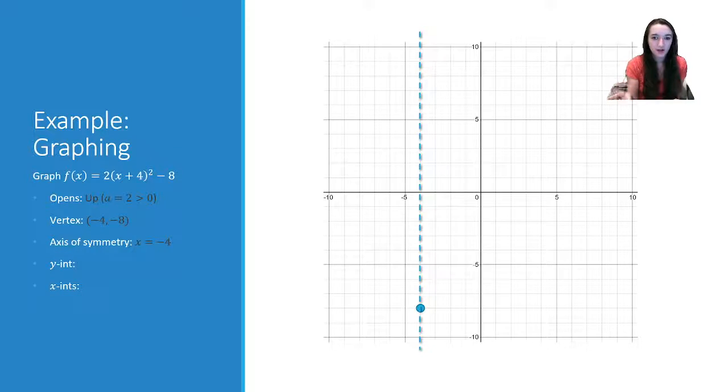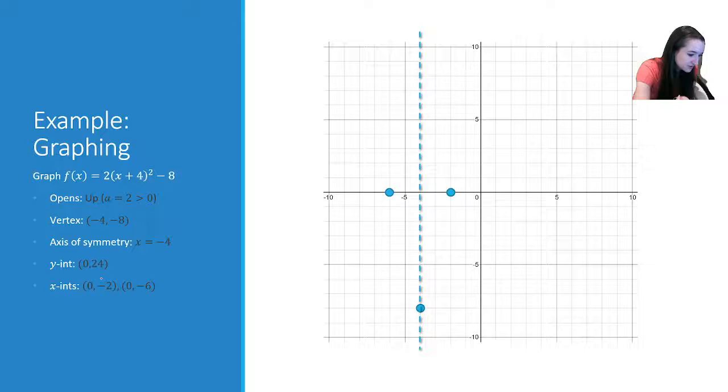When we plug in for our y-intercept, that's just plugging in 0. So 0 plus 4 is 4, squared is 16, times 2 is 32, minus 8 is 24. So we get a y-intercept at (0, 24), as well as x-intercepts at (-2, 0) and (-6, 0). Oh, that was miswritten, I apologize.